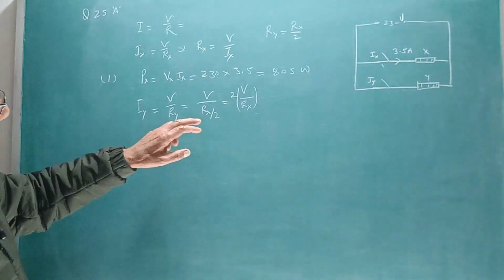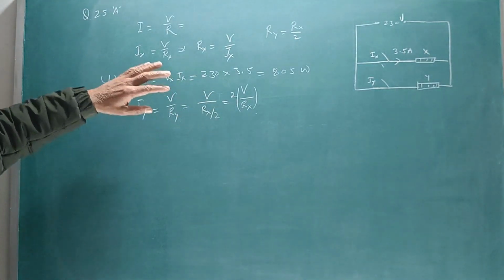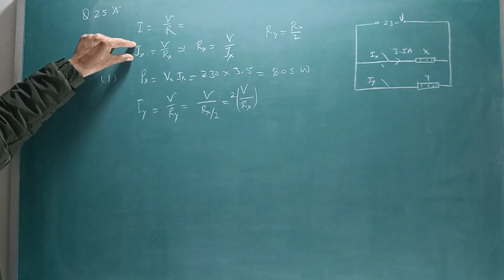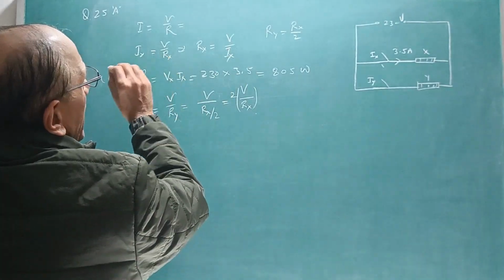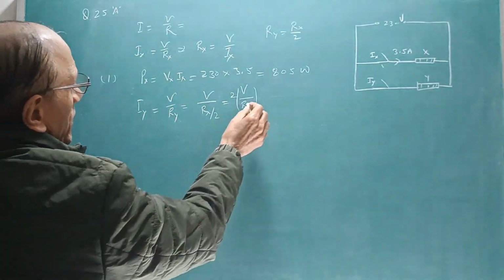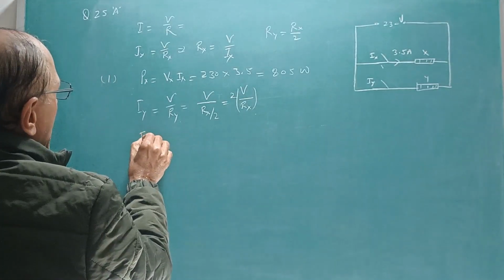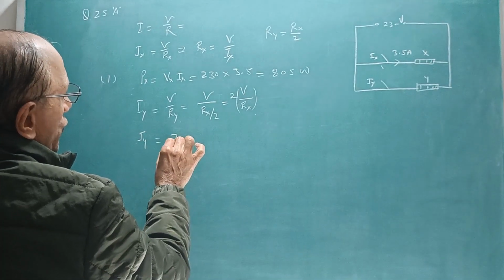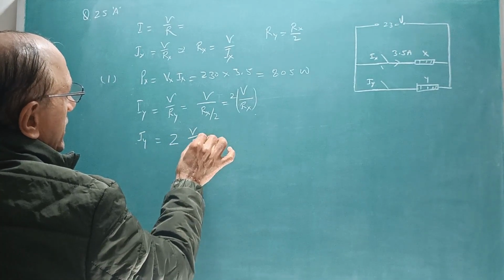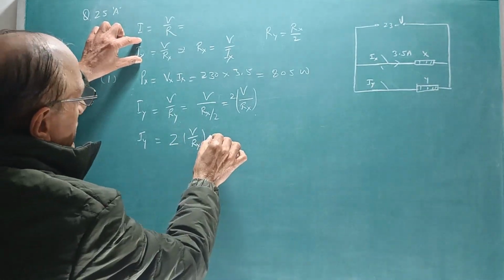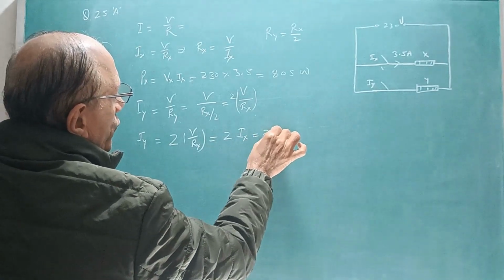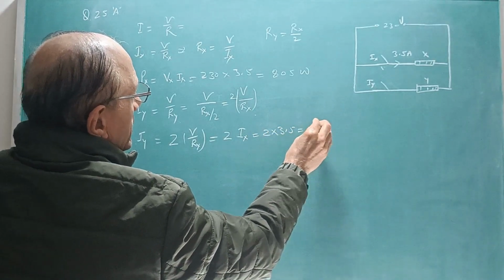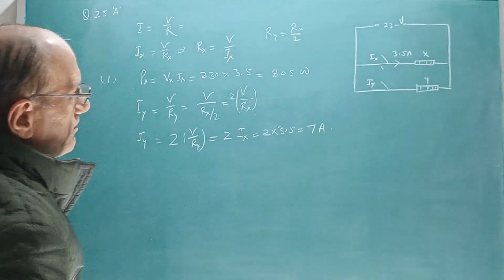This Ix is already given to you as 3.5 ampere. So Iy equals twice of V by Rx, which is Ix. So twice of Ix, that will be 2 into 3.5, that is 7 ampere.